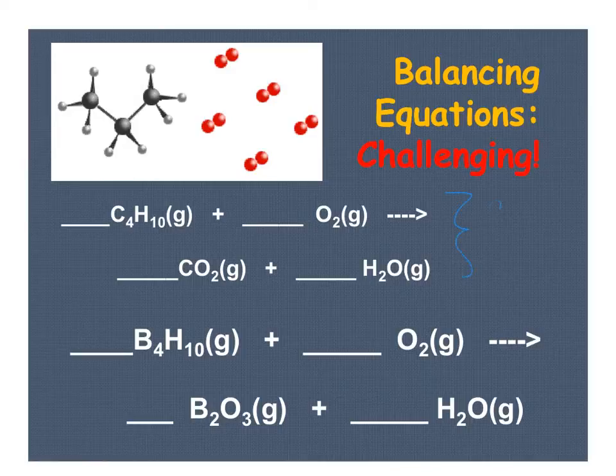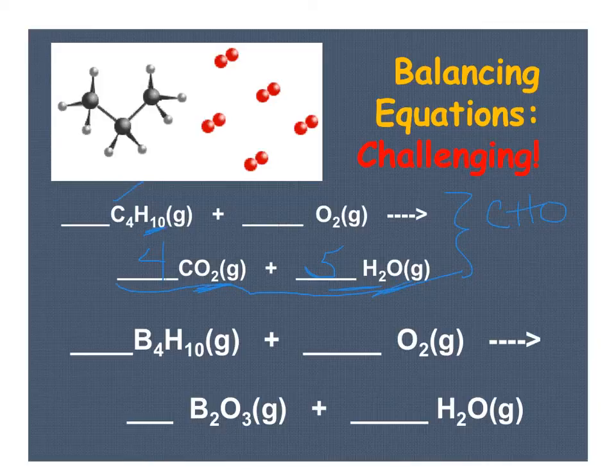It's the combustion, so CHO, carbon first, so I'm going to put a 4 here. There are 10 hydrogen on the reactant side, so I will put a 5 here. That leaves me with oxygen to balance. Remember to total all of the oxygen from both carbon dioxide and water.